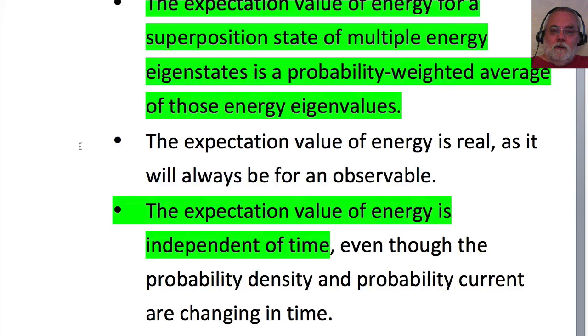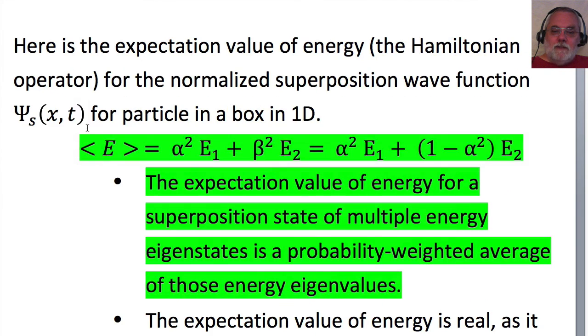Now if we go back and look at this expectation value, we can reinterpret it. The expectation value of energy is E sub 1 times the probability that our measurement will produce E sub 1, plus E sub 2 times the probability that our measurement will produce E sub 2. So it's the sum of probabilities times energies.